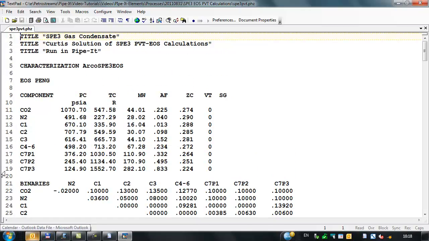Now to do the comparison, this one has no volume translation. You've already been doing and talking about that. The original didn't have volume shift, right? And you found some volume shift factors?